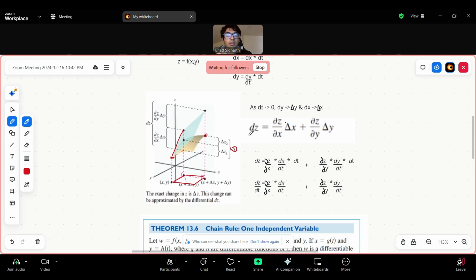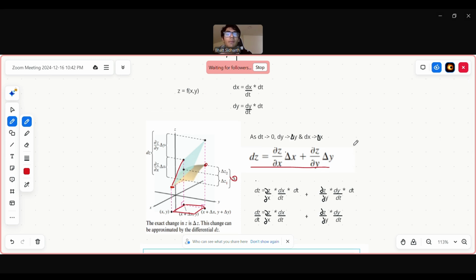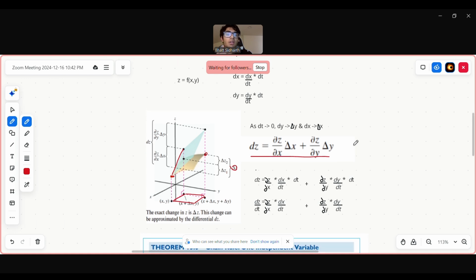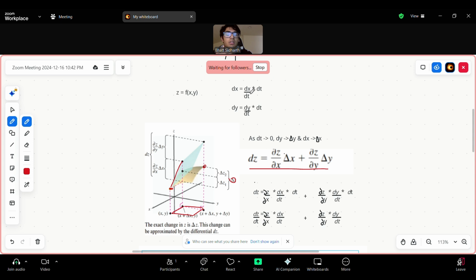So that's what leads us to this expression over here. And this expression is really the key to understanding the multivariable chain rule, because we already know that dx is equal to dx over dt times dt, and dy is equal to dy over dt times dt.